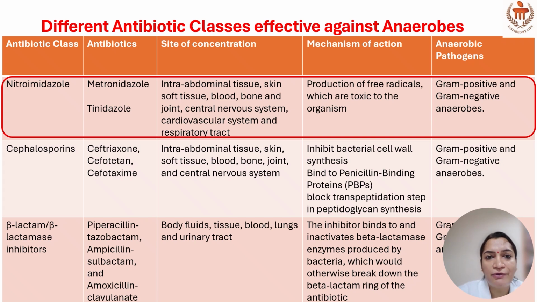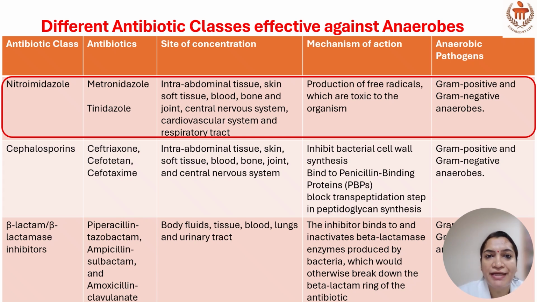Among them, the third generation cephalosporins like ceftriaxone, cefotetan or cefotaxime have some anti-anaerobic activity. Then we have the beta-lactam, beta-lactamase inhibitor combination, which we call BL-BLI.